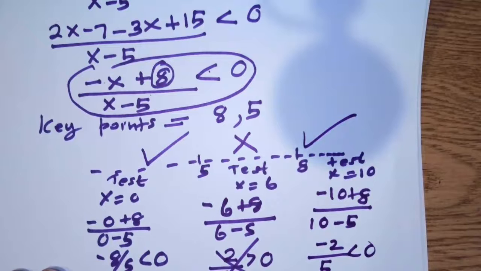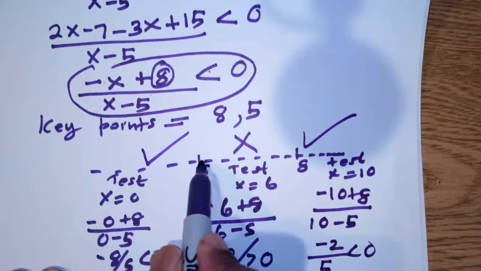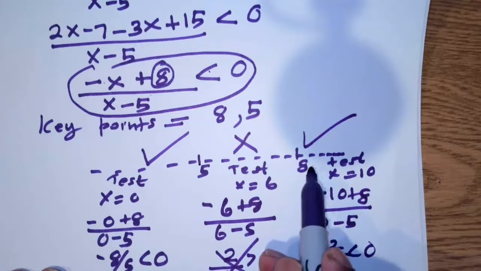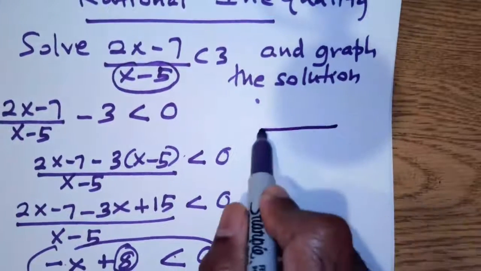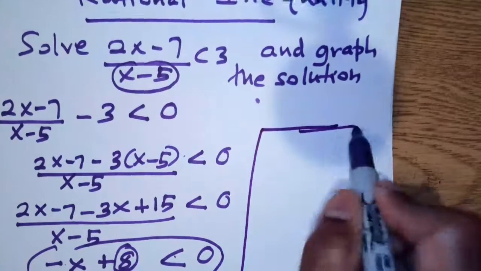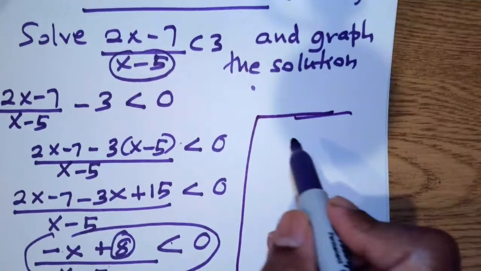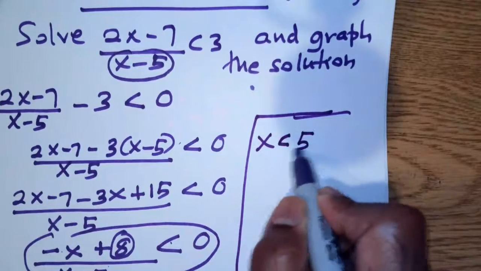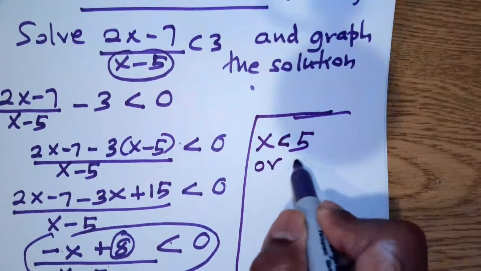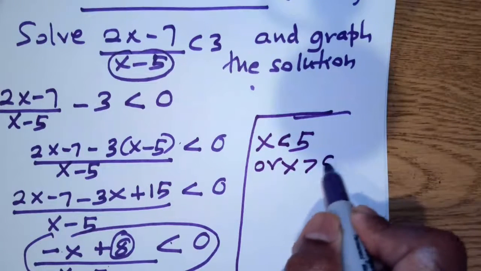So what's the answer then? We can take both these regions: x is less than 5 and x is greater than 8. So you can write the answer here. x is greater than 8.